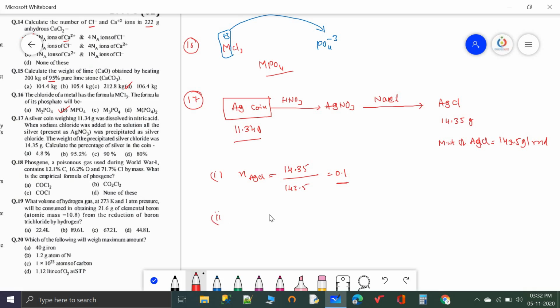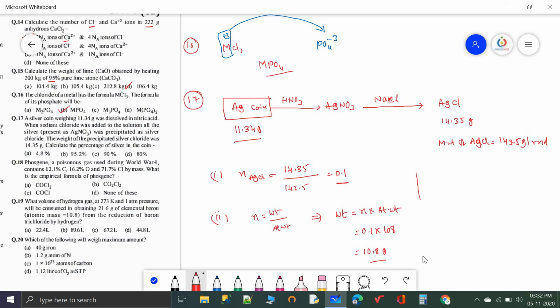So the second step: number of moles equals weight by atomic weight. Let's find out the weight of silver present in the silver coin using the number of moles. So weight equals number of moles into atomic weight. Number of moles is 0.1. Atomic mass of silver is 108. So it is equal to 10.8 grams of silver present in the silver coin.